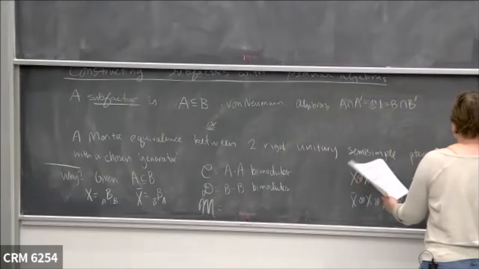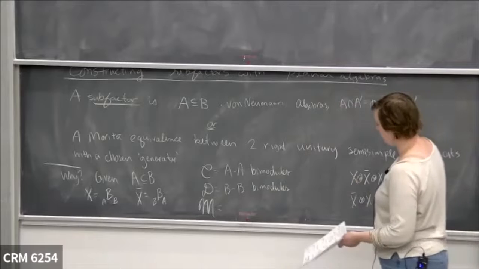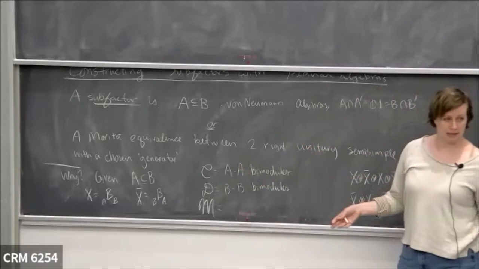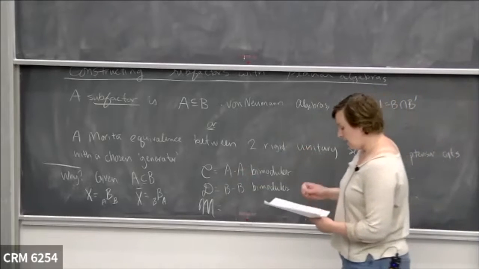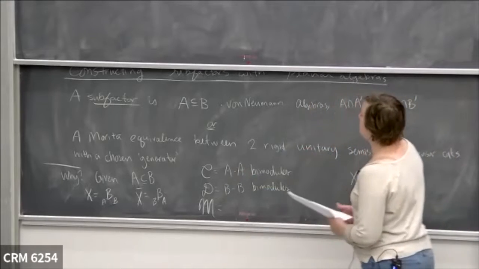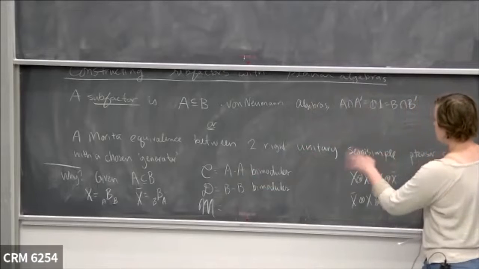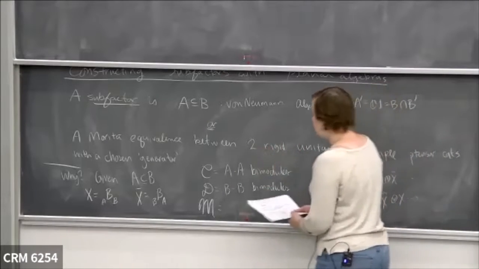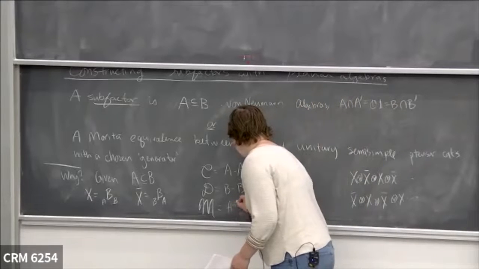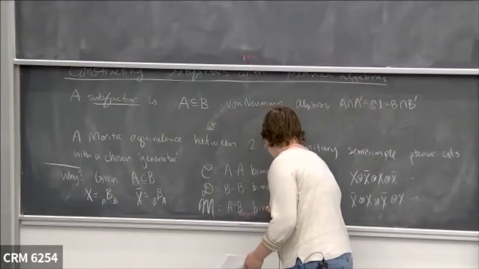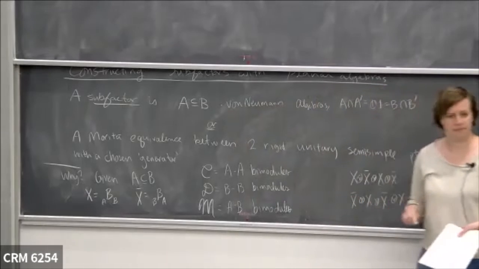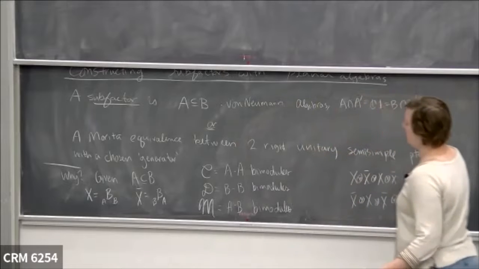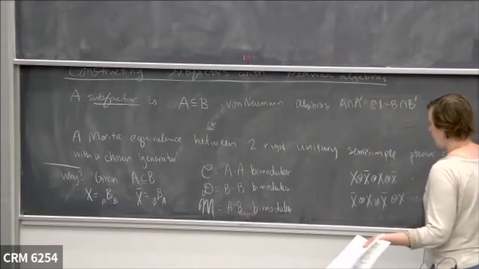then we have here two rigid, unitary, semi-simple tensor categories, right? Because you can tensor together an AA bimodule with an AA bimodule and get another one. And so in addition to these two categories, we also have a module category between them consisting of AB bimodules. Okay, and so for all of these, when I write down AA bimodules, I don't mean every AA bimodule imaginable.